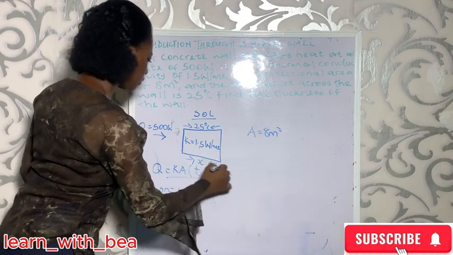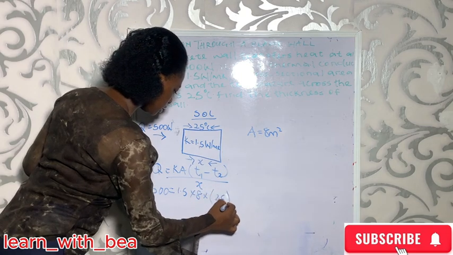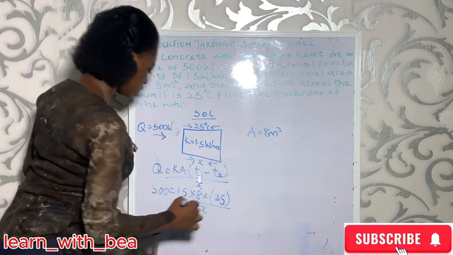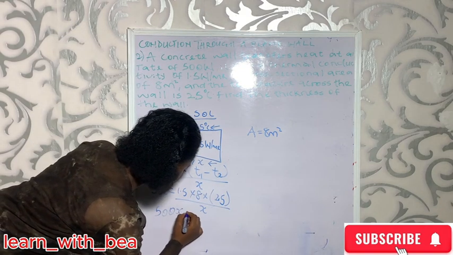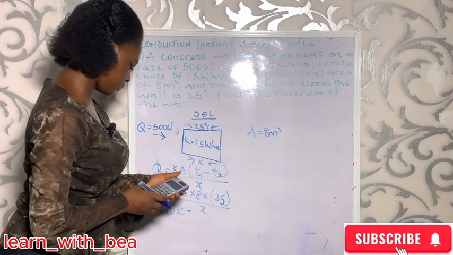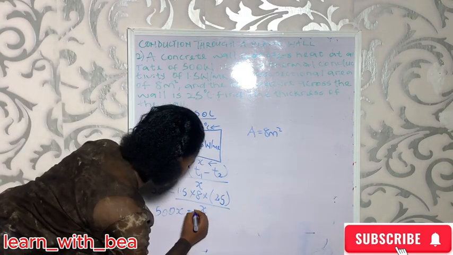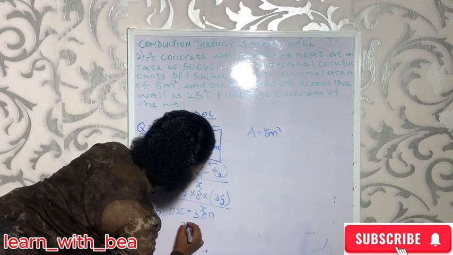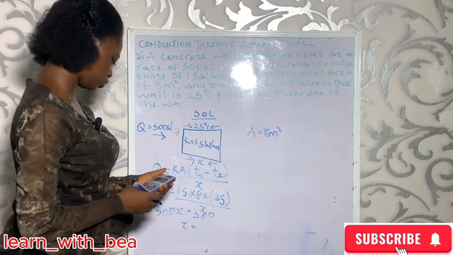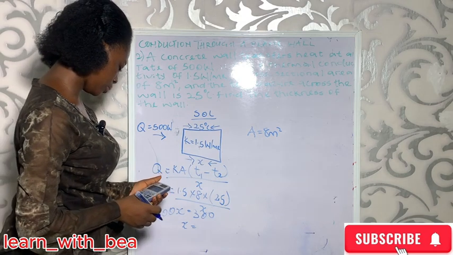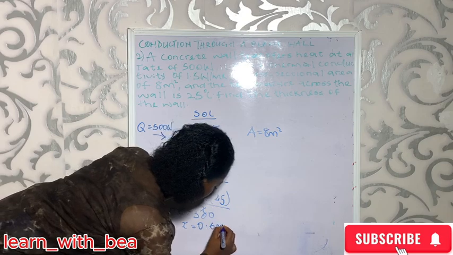Then our temperature difference, which is 25, divided by X. So we need our X. 500X equals what? We have 1.5 times 8 times 25. This is 300. Then our X will be 300 divided by 500. So our X, which is the thickness, is 0.6 meter.